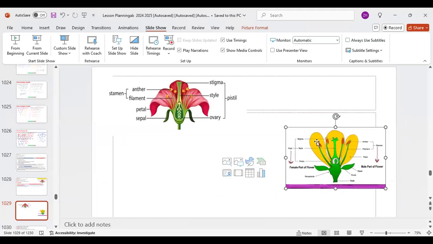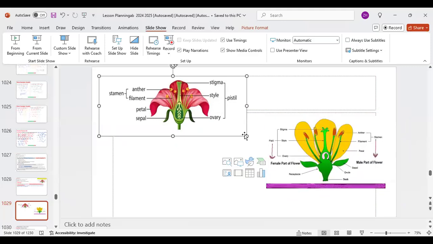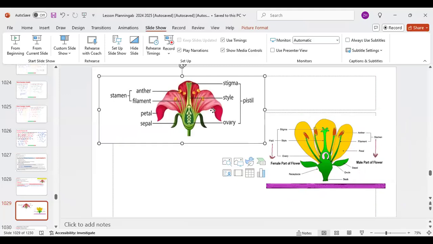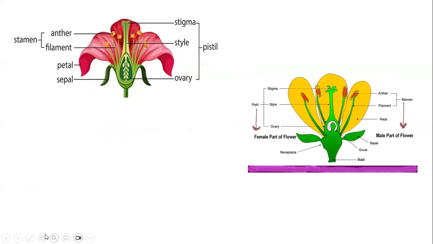Very good. All right, so let me show you a cross-pollination. These are two different flowers, right? Here inside the anther, what do we have? We have pollen grains, right?